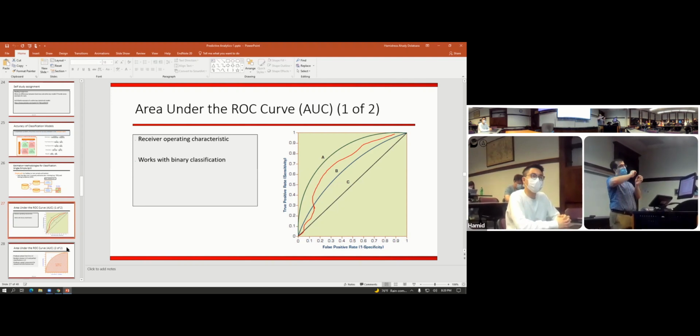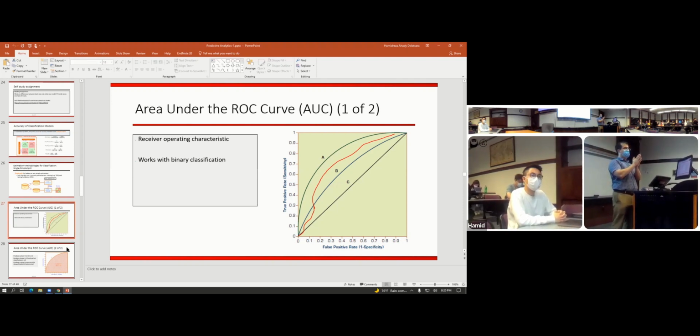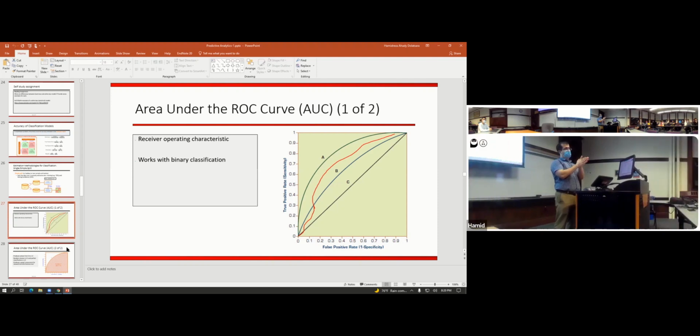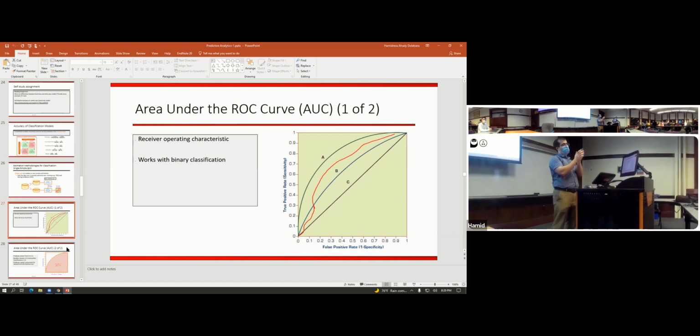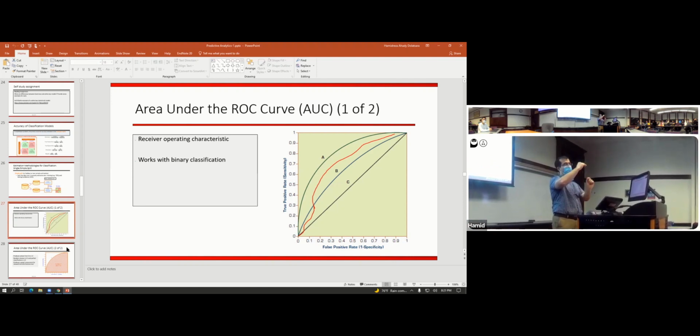It could be 0.1, 0.2, 0.3, up to 0.99, up to 1. And we consider a threshold. Usually the threshold is 0.5. So let's say the outcome of the predictive algorithm is 0.4. It's less than 0.5, so I predict this person died. If the outcome of my model is more than 0.5, I would say survive. So I have a threshold of 0.5.